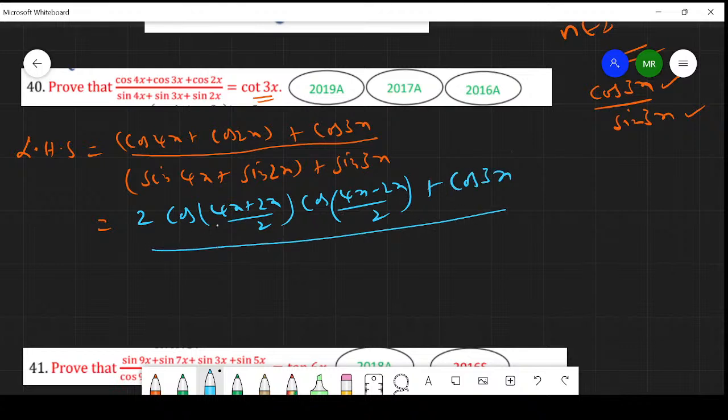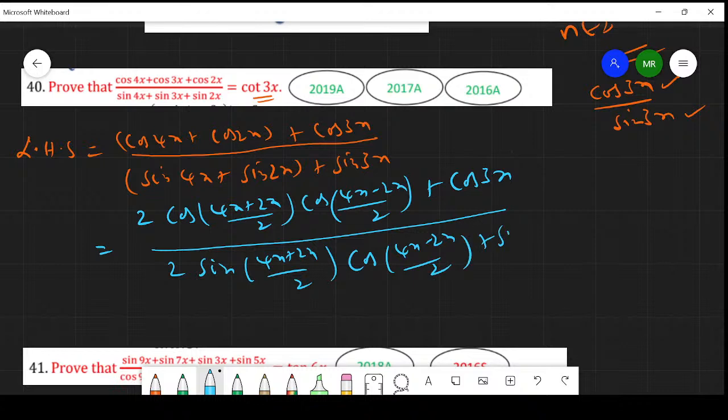In the denominator, sin c plus sin d is 2 sin of c plus d by 2 into cos of c minus d by 2.